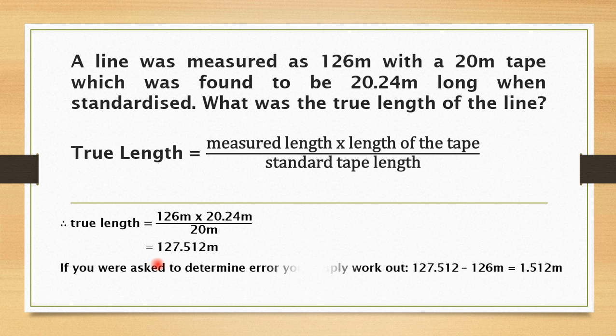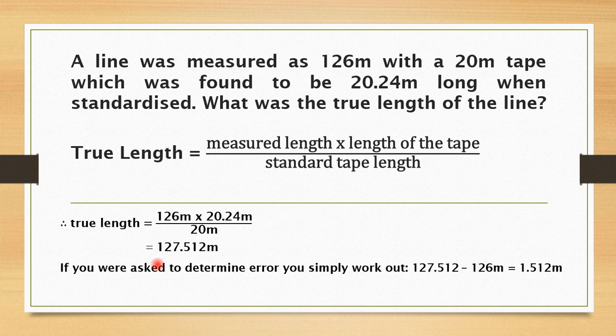However, if it is in an examination setting, it's not always that you will be asked to determine the true length or the actual survey exercise. You may be interested to determine the accumulative error that you've realized after doing your survey exercise. So it is important, whether for office purposes or for examination purposes.